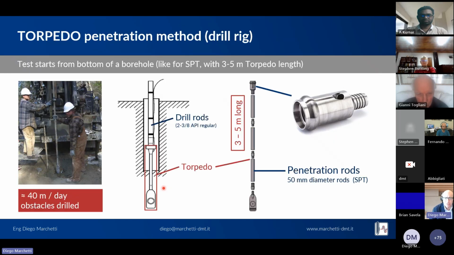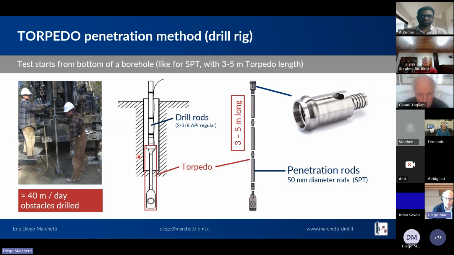One of the most common methods of advancing the blade alternatively to penetrometers is to use the torpedo system. The torpedo consists in pre-assembling a blade with penetration rods, usually 3 or 5 meters according to the height of the drill rig, and using this top adapter with a slot for allowing the cable to pass inside these penetration rods and then coming out of the slot and taped with standard tape to the drill rig rods.